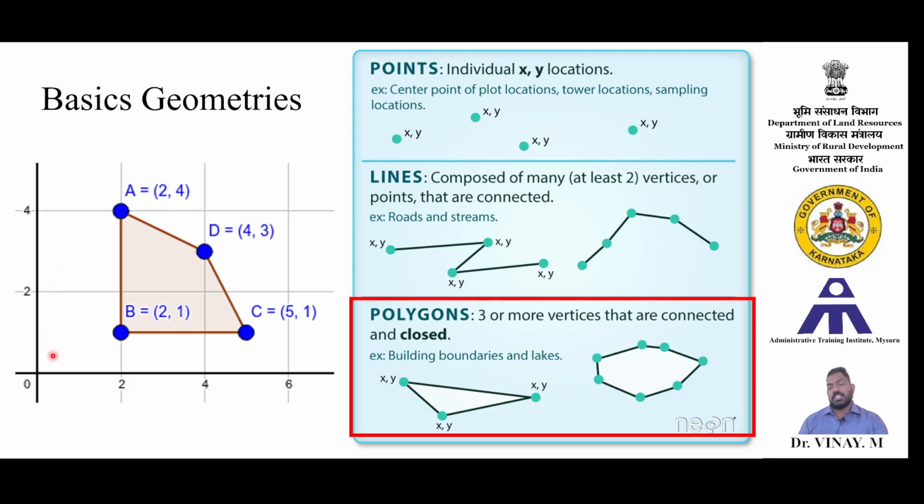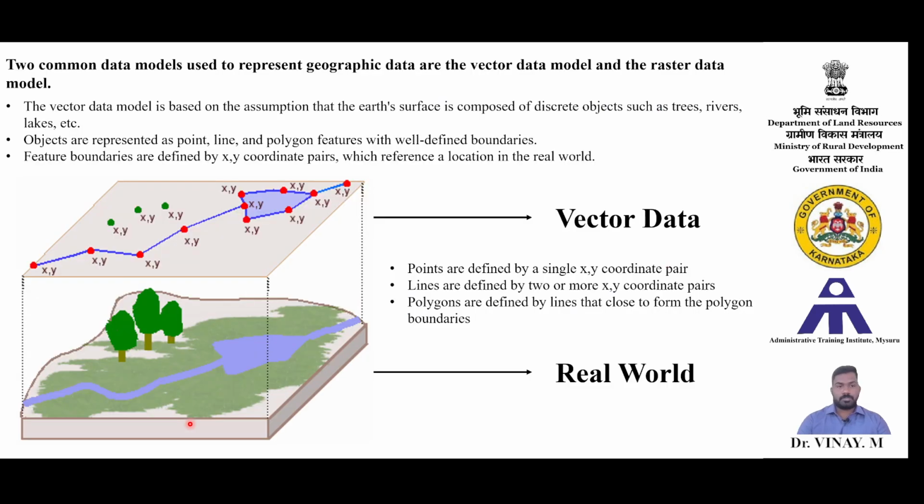Since the earth is 3D in nature, in the form of a sphere, a circle, an ellipse, in such a case we have to use different concepts to represent the coordinates on top of the earth surface.